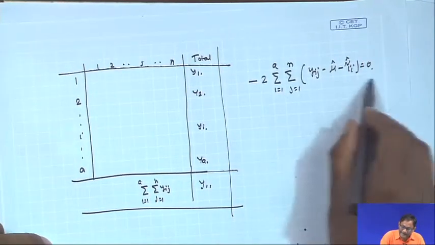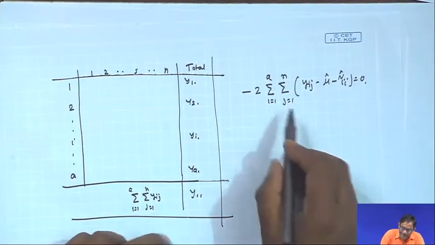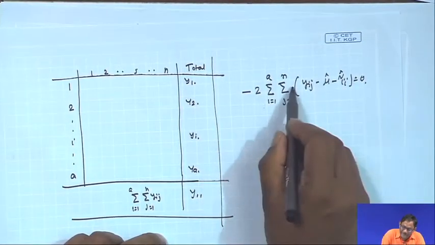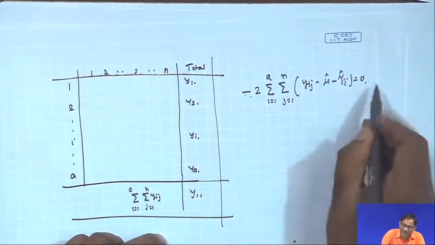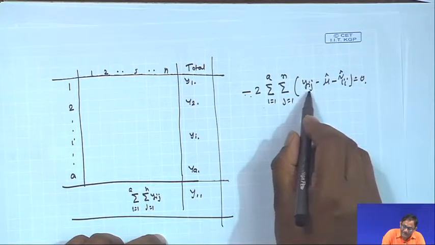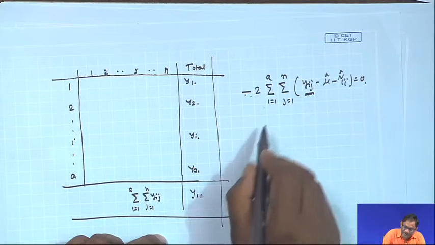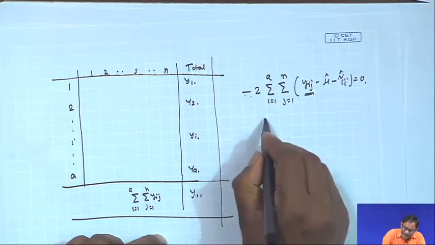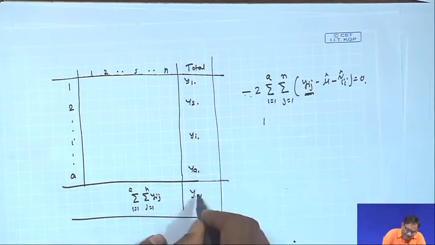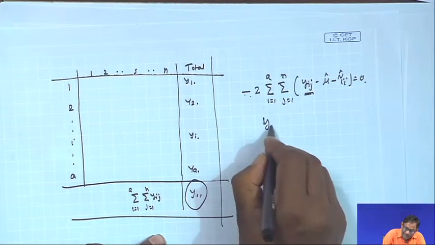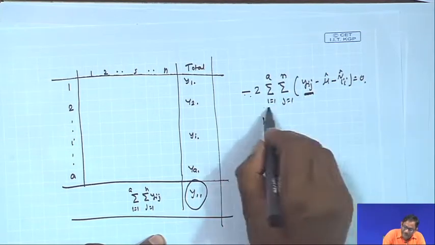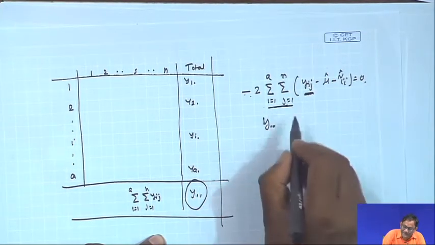In this equation, if I remove the sum, this minus 2 will also be cancelled. Then what will happen? If I write this portion, this is n times the total of yij, that means y double dot bar. This portion gives you this.